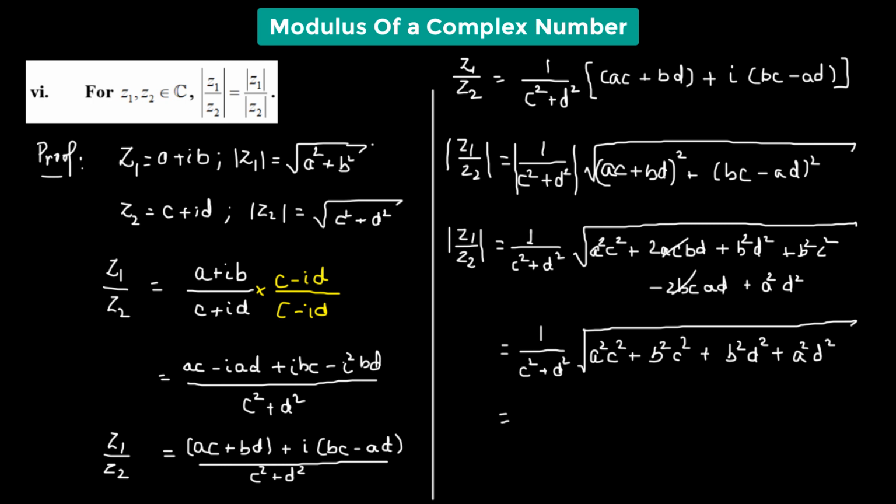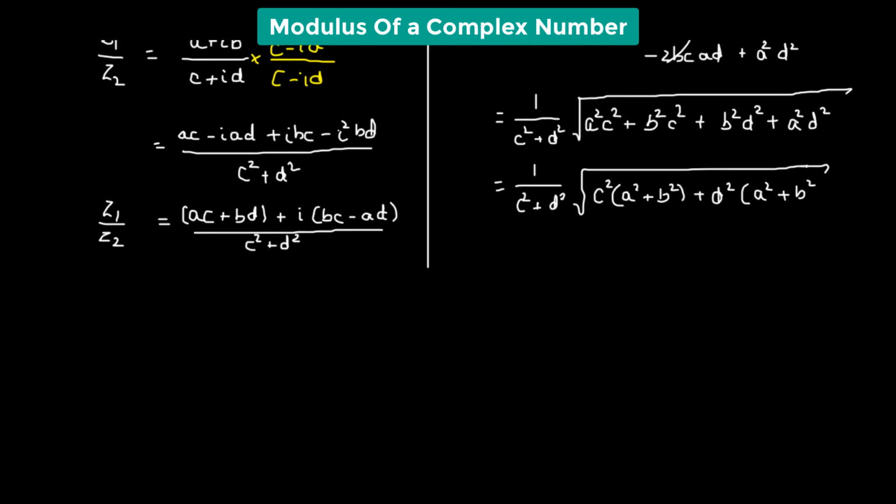Now we take c squared as the common factor from the first two terms, so we have c squared multiplied by a squared plus b squared, plus we take out d squared as the common factor from the third and fourth terms, so we have d squared multiplied by a squared plus b squared.